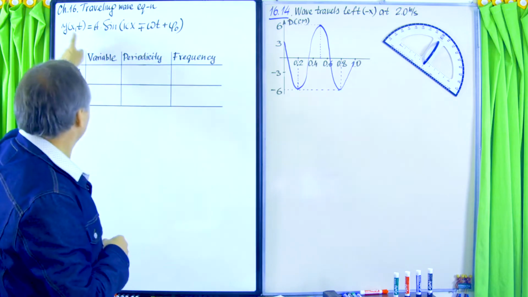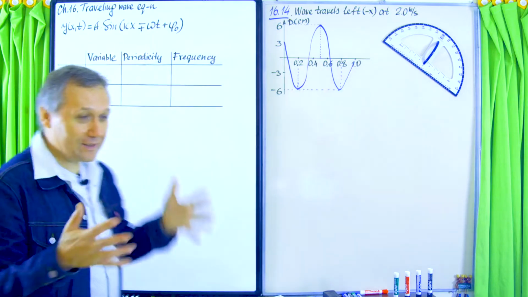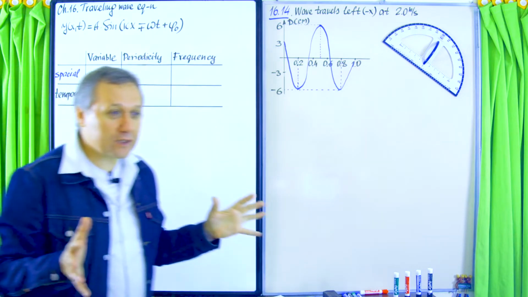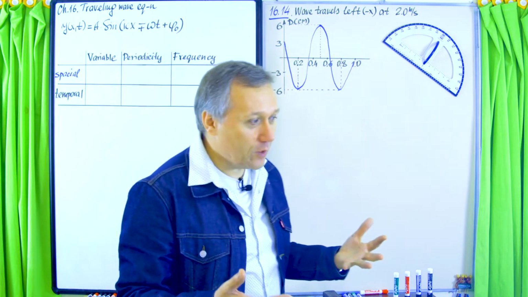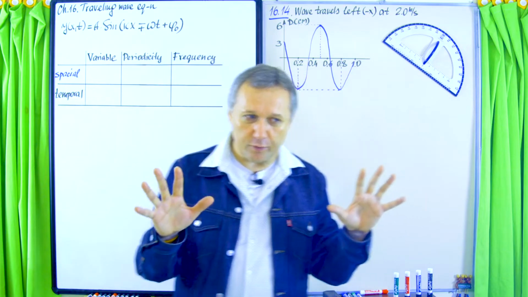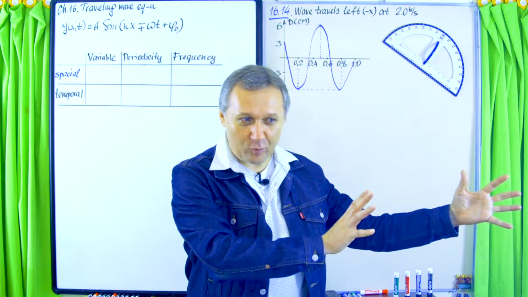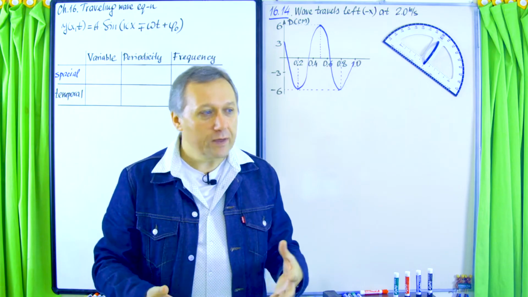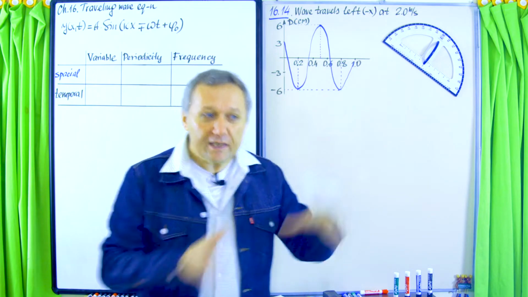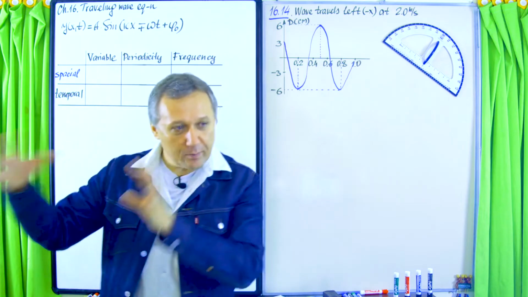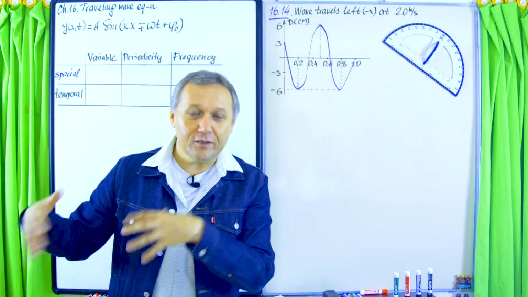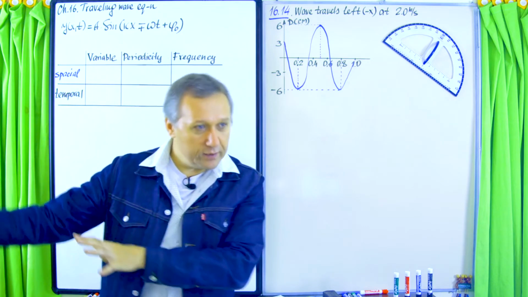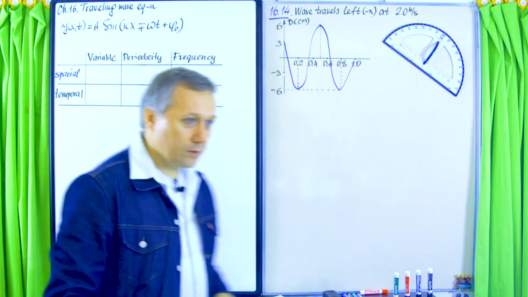It lives in the spatial world, it depends on x, and it lives in the temporal world, it depends on time. All the quantities which I'm going to introduce, we're going to divide into two categories: spatial quantities, which describe the life of the wave in space, and temporal quantities, which describe the life of the wave in time.